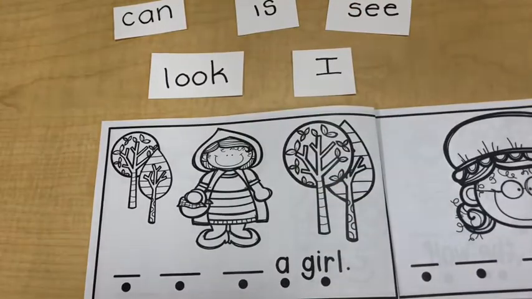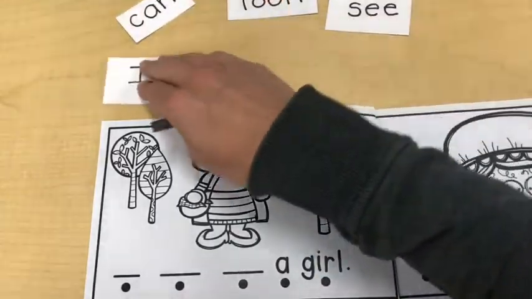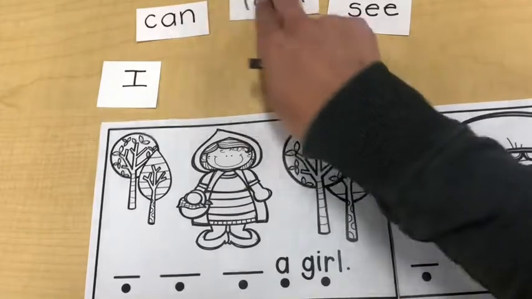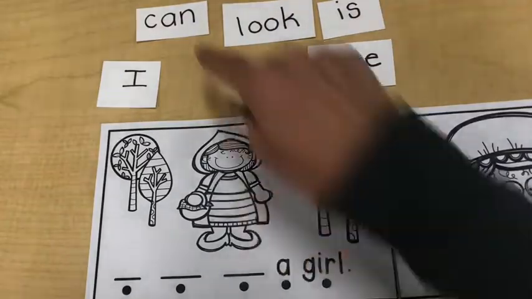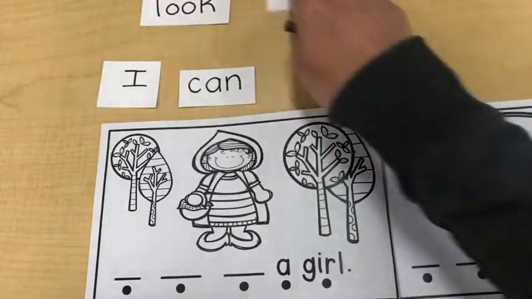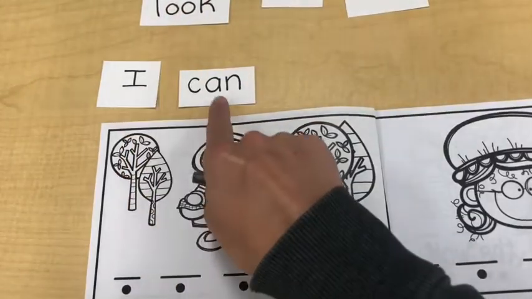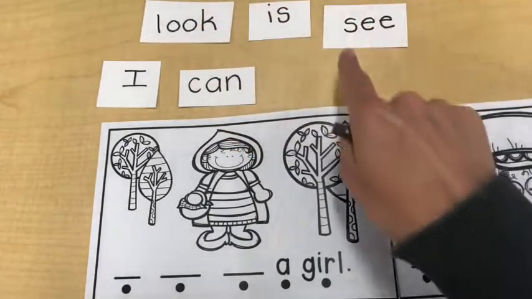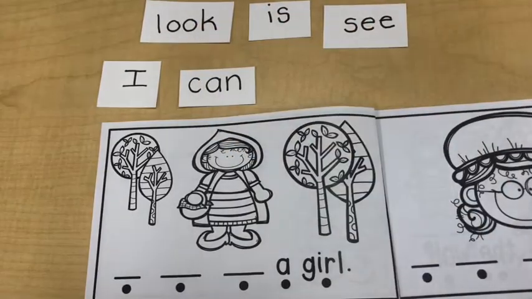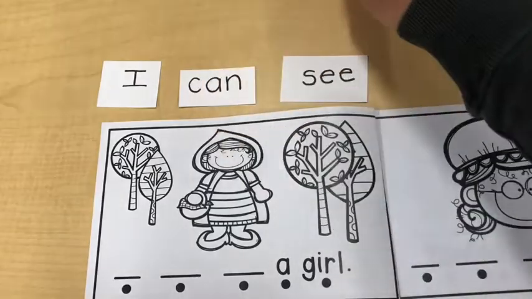Where's the word I? Oh, I, right there. I can. Now we only have 3 left. I can, which one starts with that? S. There you go. So we don't need look and is right now. We'll put those over there.